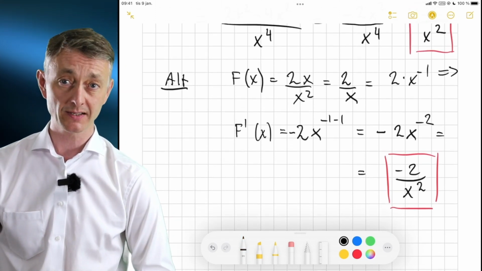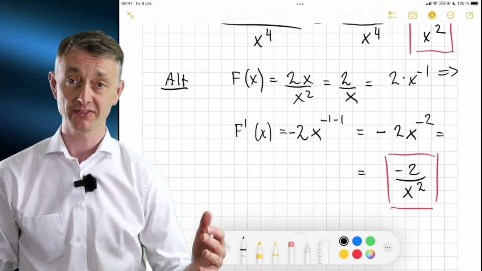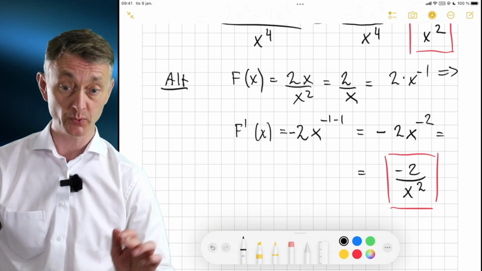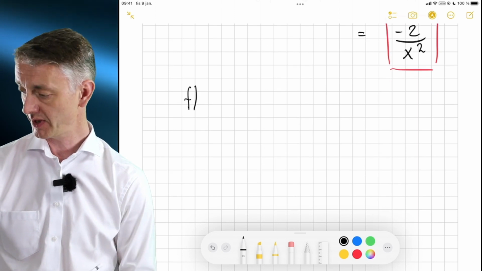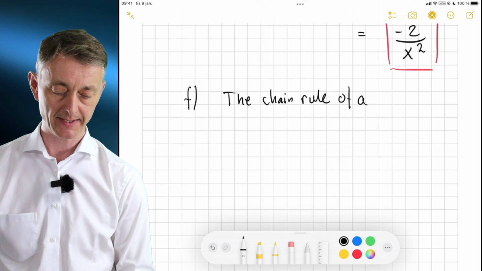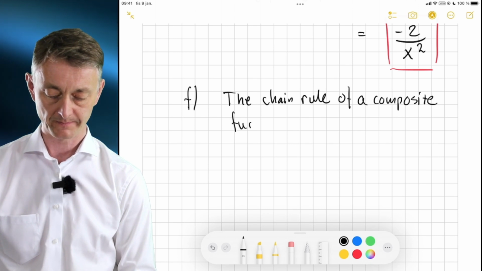Finally, there is yet another class that we want to look at, namely if we have a composite function, and then we need to apply the chain rule, and this is what that is. So we call this the chain rule of a composite function.